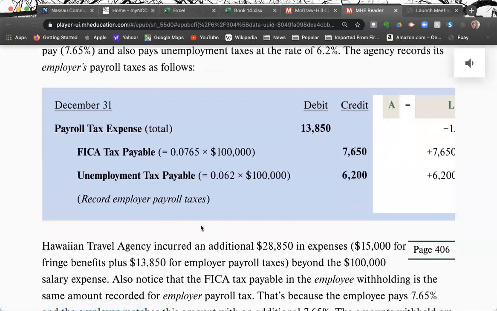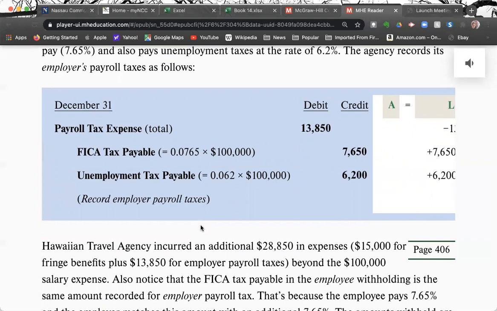Now, the third entry is also an employer-related cost, but it's the payroll taxes. It's the Social Security tax that the employer has to pay, plus the unemployment tax.